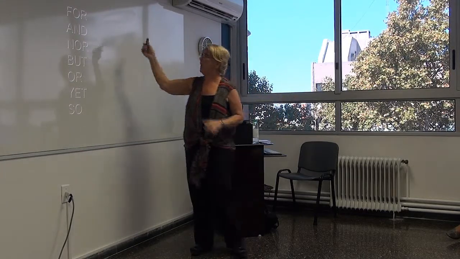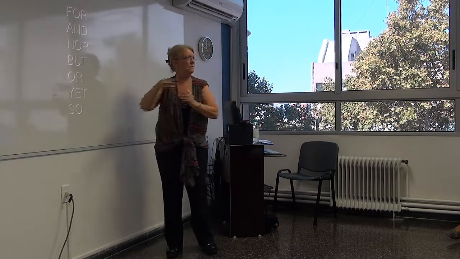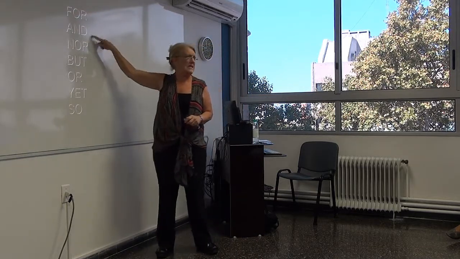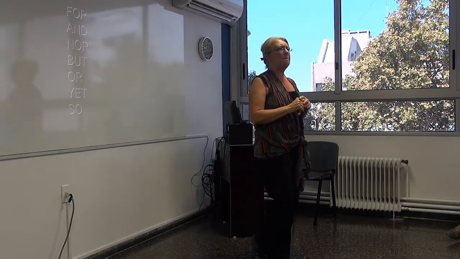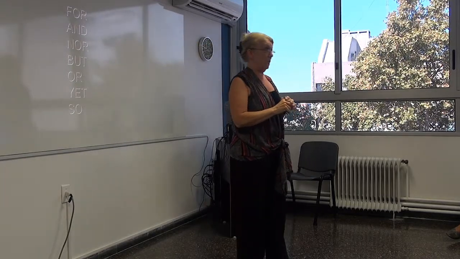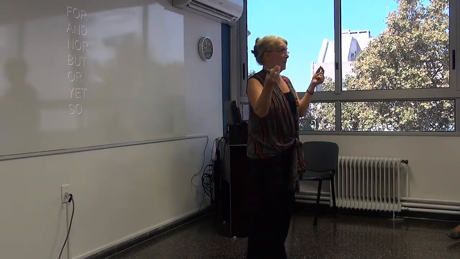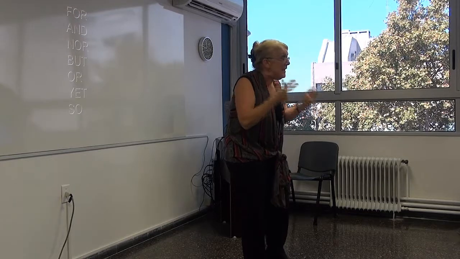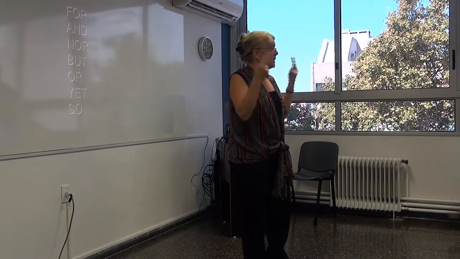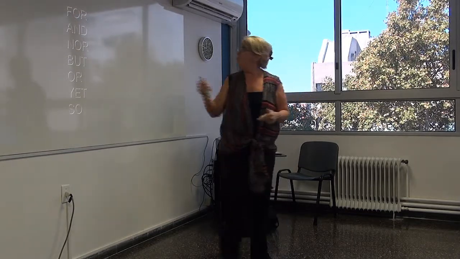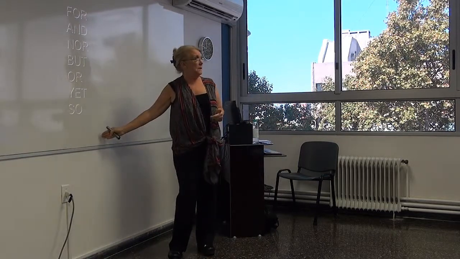Okay, let's consider, I'm not going to do this in the exact order, but let's consider "and". What does it mean now? Well, we know it means connecting equal ideas. There's meaning there. The ideas are equal. That's true for all of these.